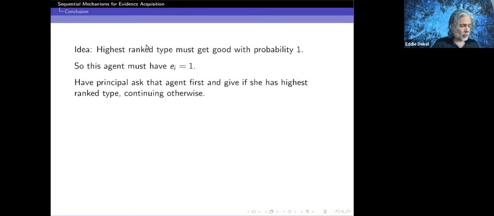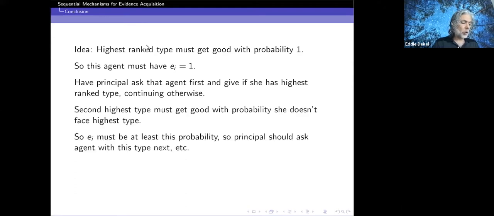So let's go through the idea of that. The highest ranked type must be getting the good with probability 1. So that agent must be looked at with probability 1. So we're going to ask that agent first, and we'll give the good if she has that type, which is supposed to give it to her with probability 1.